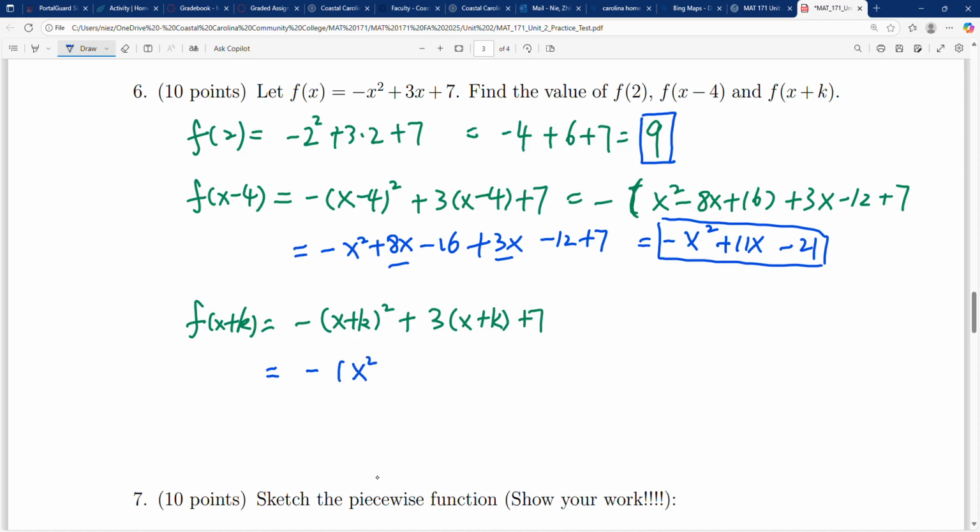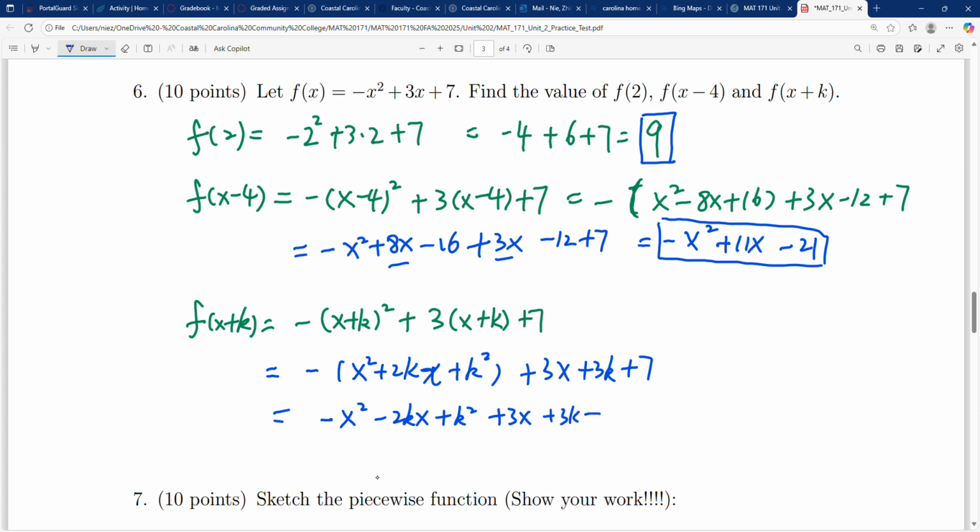Negative (x squared plus 2kx, then plus k squared), then plus 3x plus 3k plus 7. So remove the negative sign and parentheses, change all the signs, it becomes negative x squared, and minus 2kx, and minus k squared, then plus 3x plus 3k plus 7.